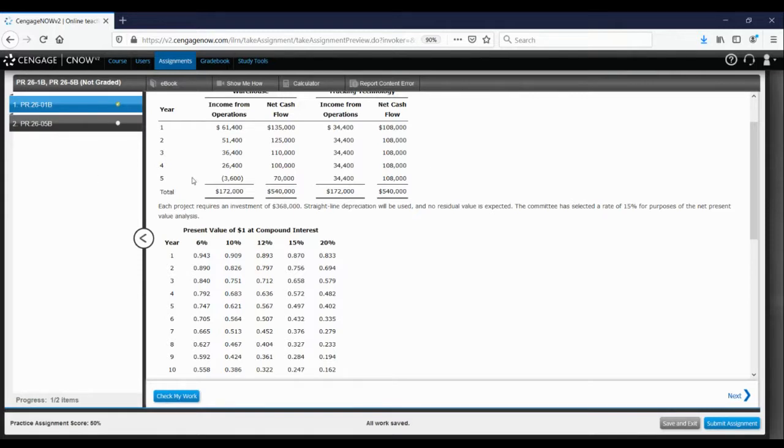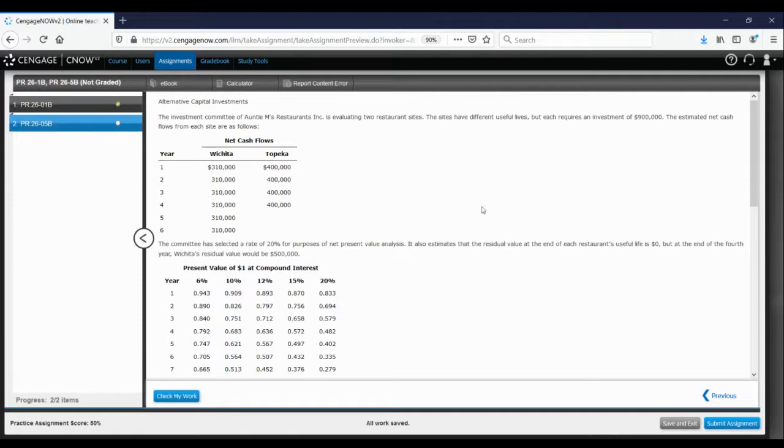Okay, so I'm going to move to the next problem, which is 2605B. In some ways, it's going to be similar to the problem that we just did. The only difference is we're evaluating two different investments, and the investments have different useful lives associated with them.